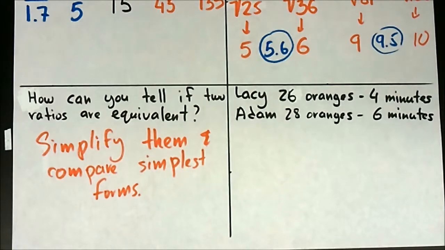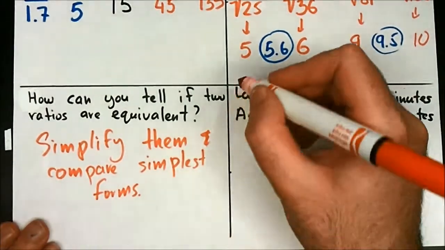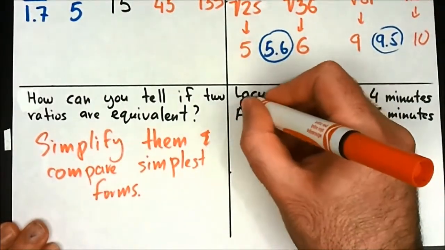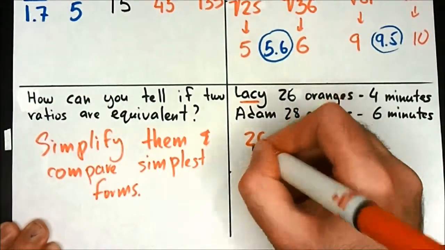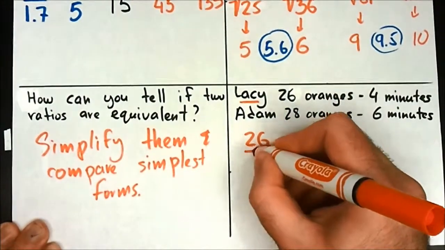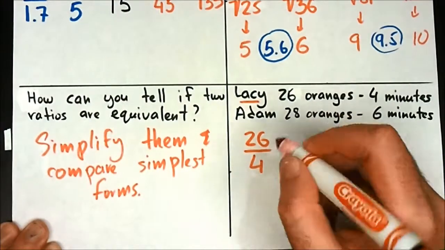We have a word problem here, and it says that Lacey can peel 26 oranges in 4 minutes. Adam can do 28 oranges in 6 minutes. Who is faster? So how would I set this up? Well, let's start with writing two ratios. First, the ratio for Lacey, which is 26 oranges in 4 minutes.